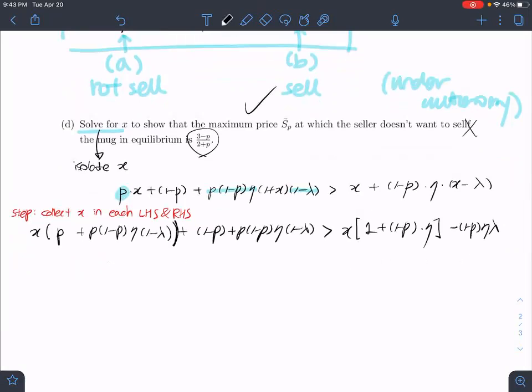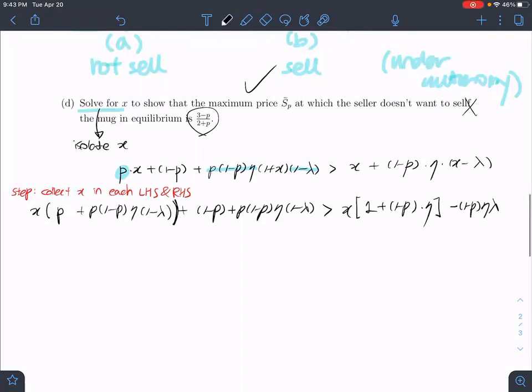And then let me move everything to the left-hand side. Moving to the right-hand side is much easier because the final answer should be x less than blah, blah, blah. So let me move everything related to x to the right-hand side like this. Either way, you will get the same answer. I think I wrote the answer key to move to the left-hand side, but you will get the same answer.